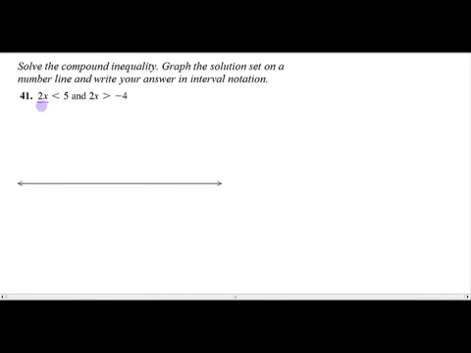Here we just need to solve the two individual inequalities, keeping the AND between them, and then I'll place my numbers on the number line in the order that they actually appear on the number line.